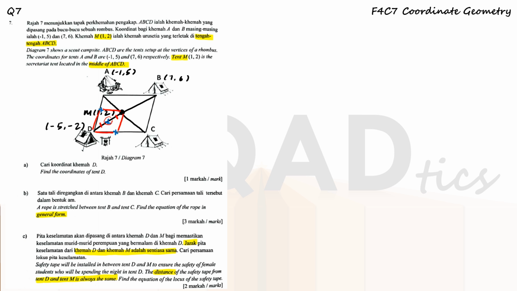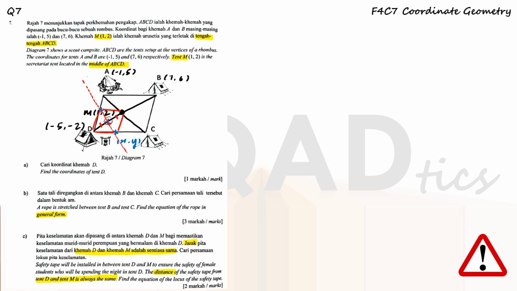So if we let this blue point be x, y, all the possible points of x, y would be somewhere here. Later, our equation of locus will be something like a line's equation.